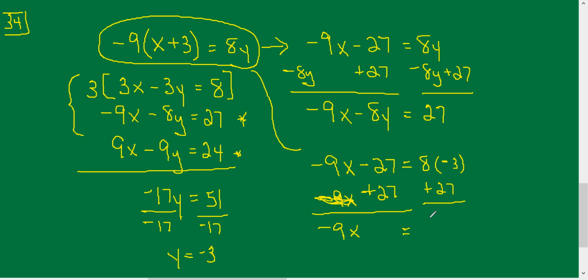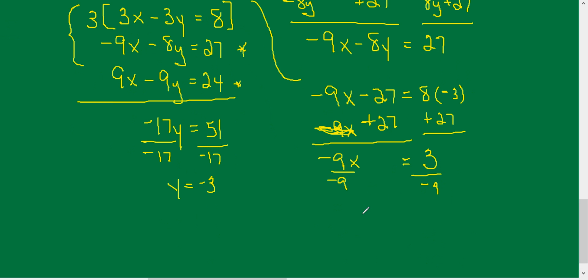And that's going to give me positive 3. Divide both by negative 9. So x equals negative 1 over 3. And these are my solutions to that system.